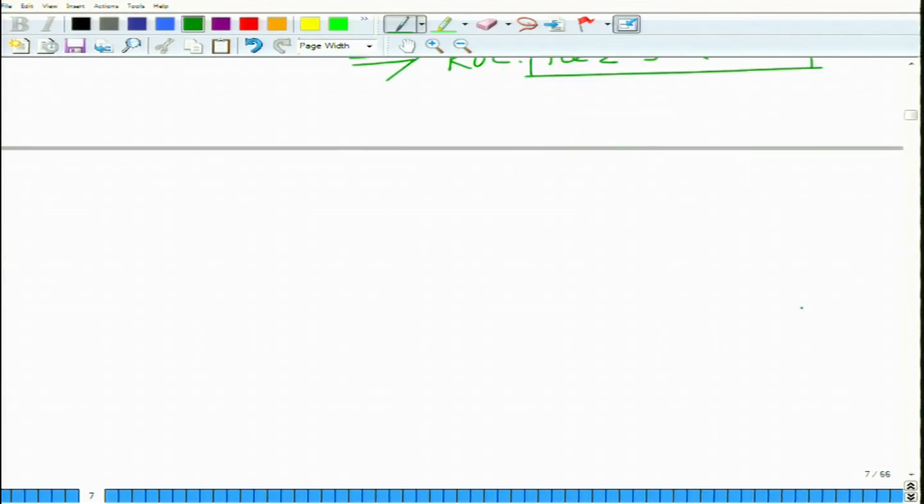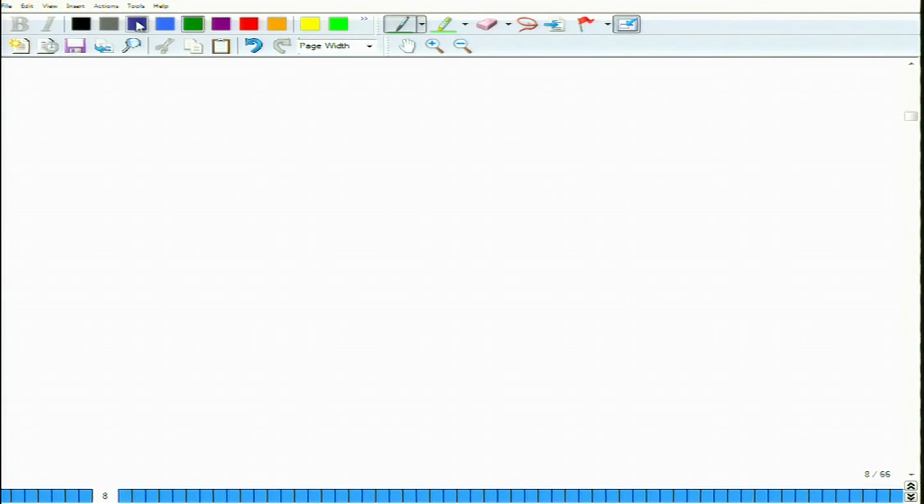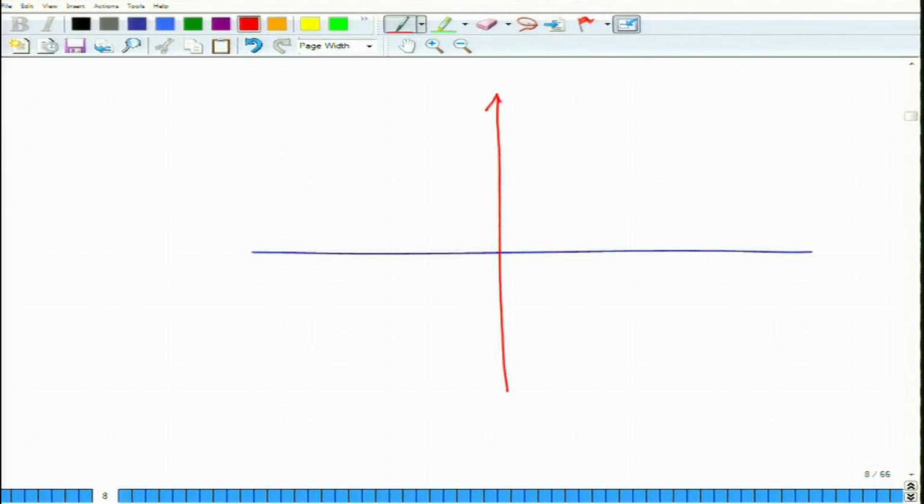And the ROC plot is given similarly. This is sigma, this is the j omega axis, and this is your pole which is 2, and of course, this is the pole which is 3.